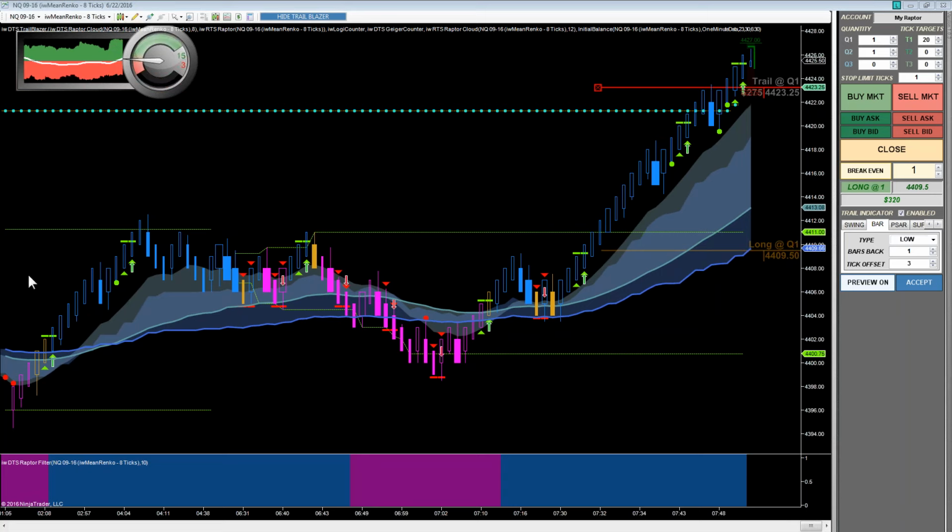So the market spent most of the morning sideways trying to figure out what it was going to do, and it looks like they figured it out.